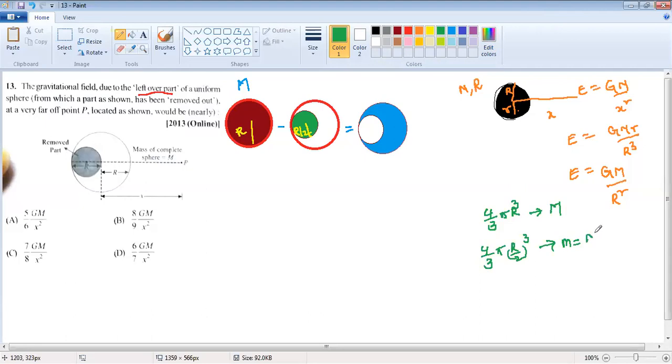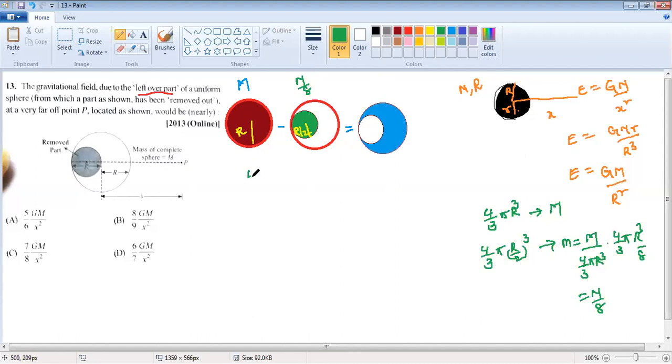This m is equal to capital M by 4/3 pi r cube into 4/3 pi r cube by 8. So this should be equal to M by 8. So this mass is M by 8. At what distance? At a distance x from the center of the bigger one.